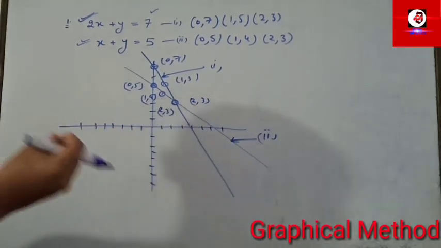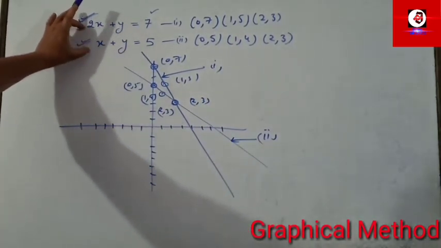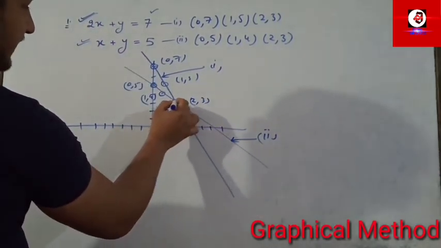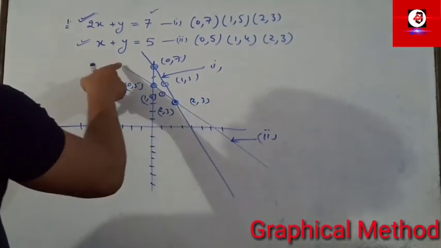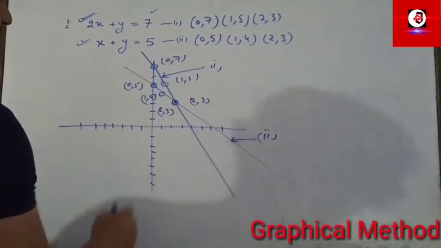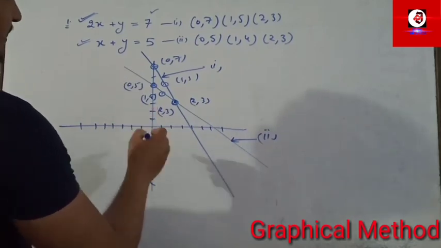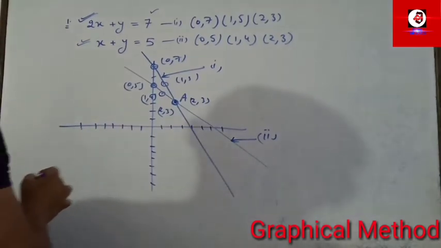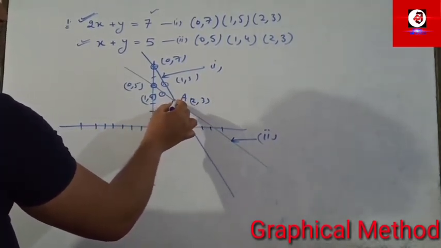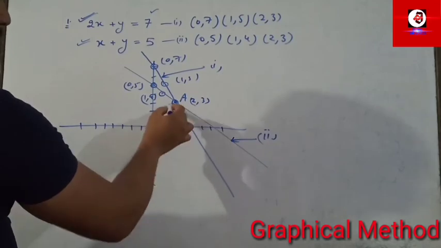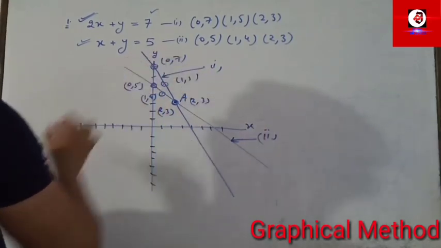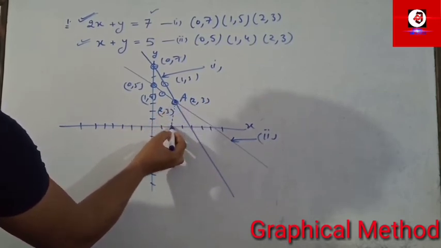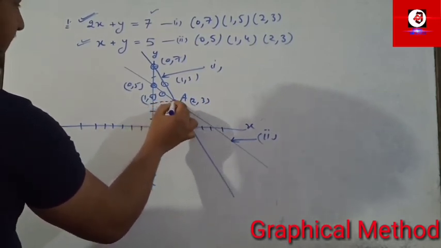So how can we find the solution of the 2 equations? Let's see. This is the intersecting point. One line is this and the second line is this, and we see the intersecting point A. From this intersecting point we draw perpendiculars on the x-axis and y-axis. You can see this is at 2 and this is at 3.